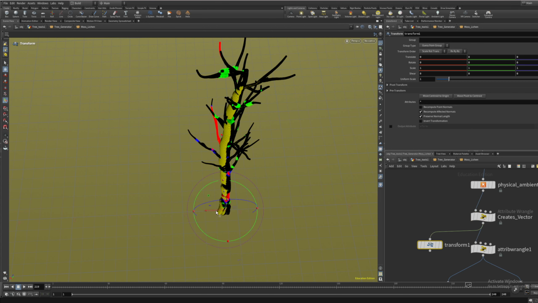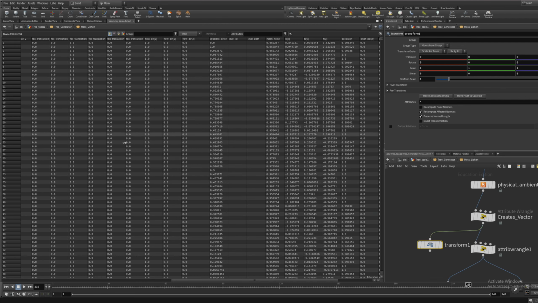So that's going to return us a 1 on this axis, and then 0 upwards and 0 around. And we should be able to see that here. So we've got our flow direction 1, 0, 0. So 1 on the x, 0 on the y, 0 on the z.